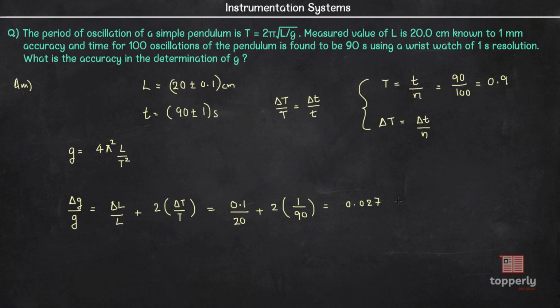If we express it in percentage, we have percentage delta g by g is equal to 2.7 percent.